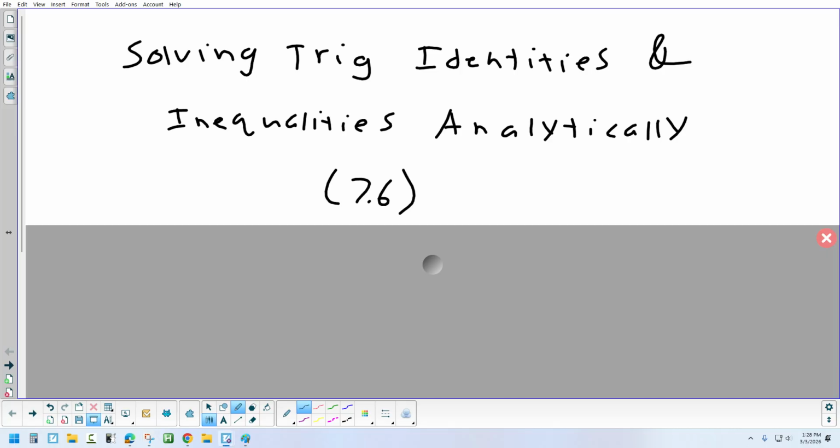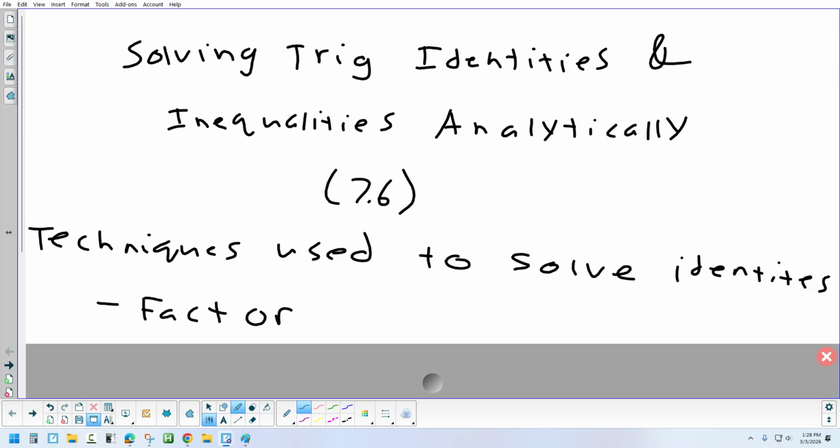When you are solving a quadratic equation, what's one technique that you can use to solve a quadratic? Yep, factor. And we also can use that technique when we solve identities. Anyone remember the first trick that I taught you when you were doing trig identities?